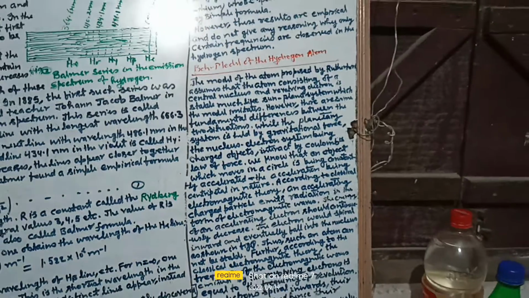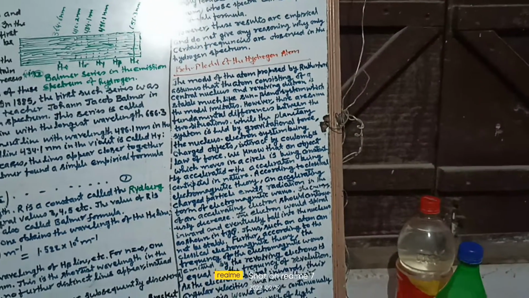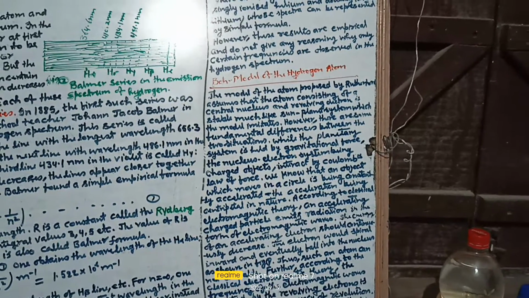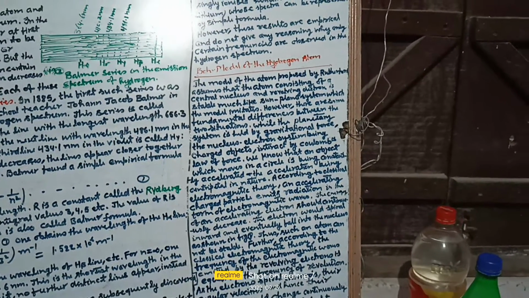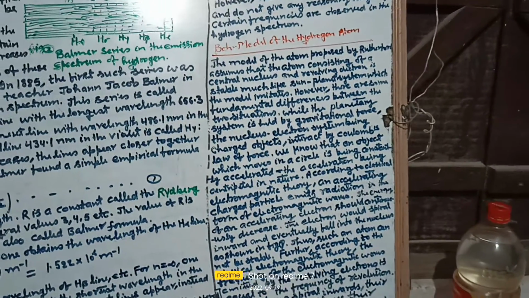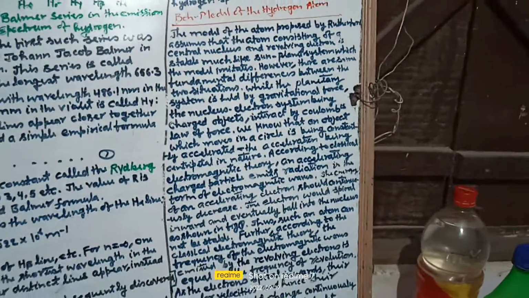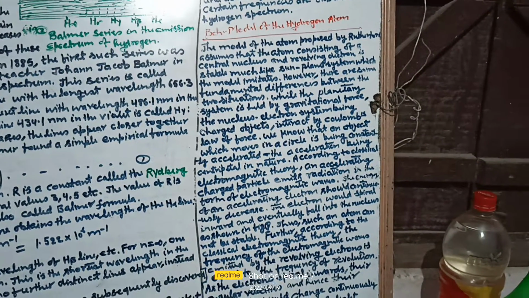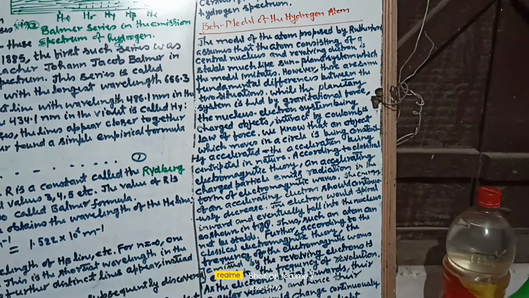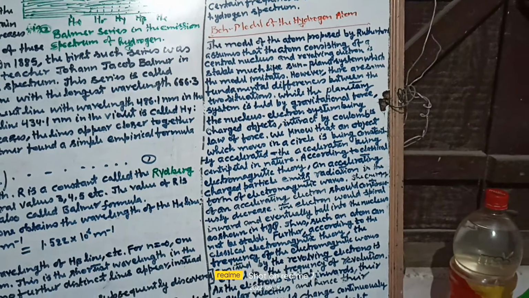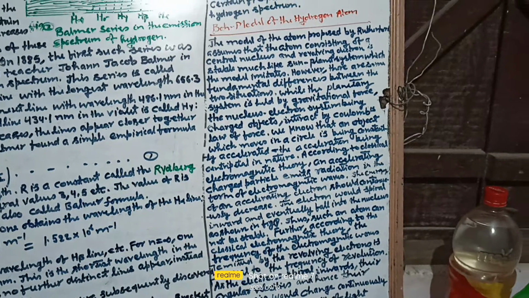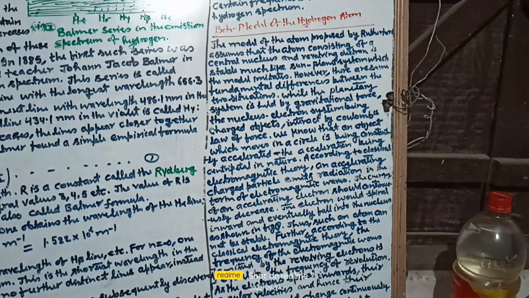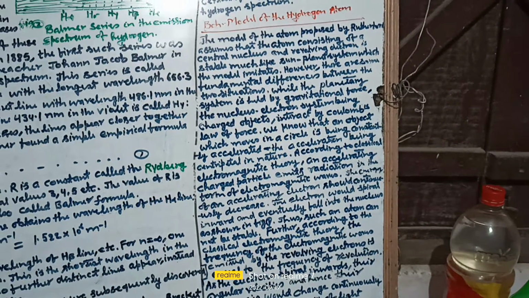Bohr model of the hydrogen atom. The model of the atom proposed by Rutherford assumes that the atom, consisting of a central nucleus and revolving electrons, is stable, much like the Sun-planet system which the model imitates. However, there are some fundamental differences between the two situations. While the planetary system is held by the gravitational force, the nucleus-electron system, being charged objects, interacts by Coulomb's law of force.